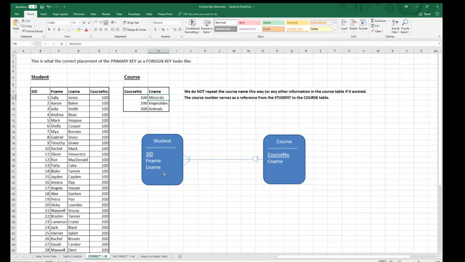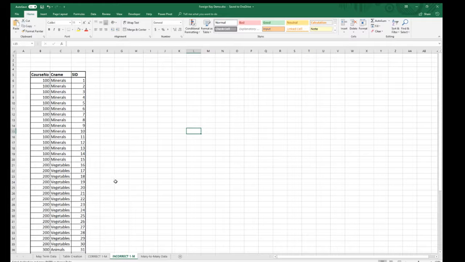Let's take a look at what happens if we decide to go the other way, if we put the student ID in the course table. Because again, the reason that we're using the primary key as a foreign key is to be able to actually show the relationship between the student and the course table. This is what would happen if we put the student ID as a foreign key in the course table.